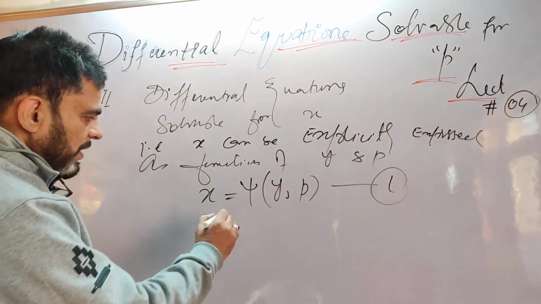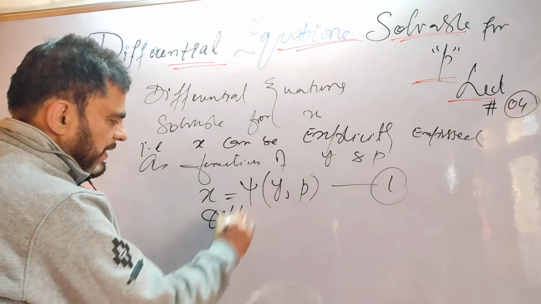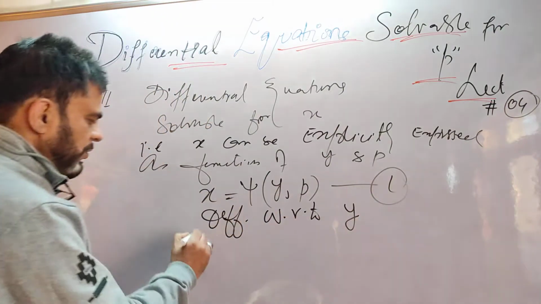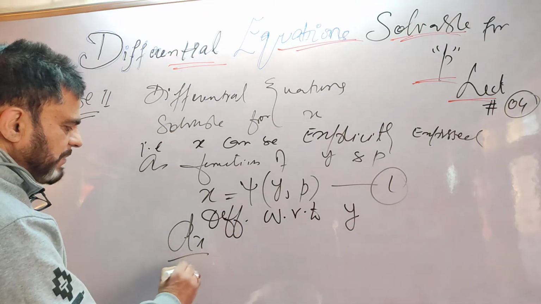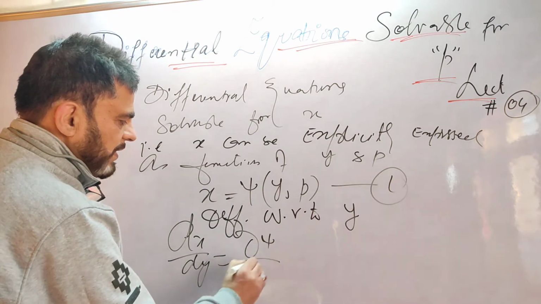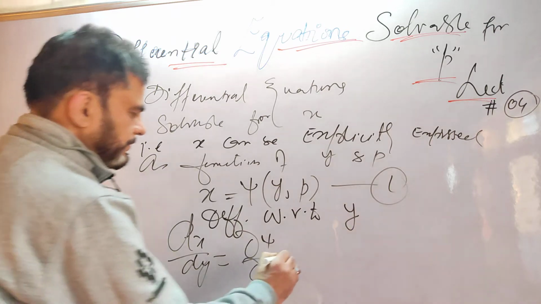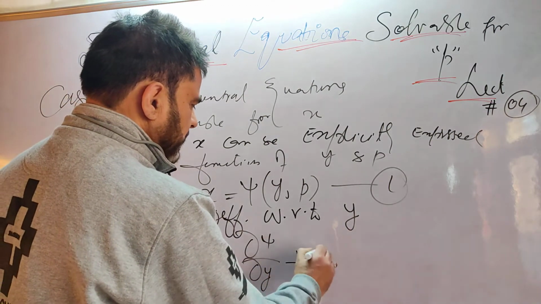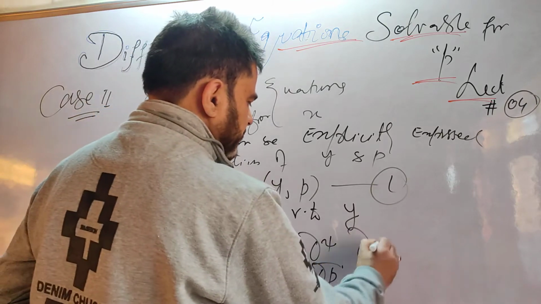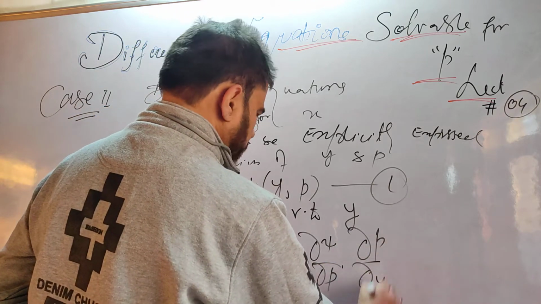The procedure is we differentiate this. Let us differentiate with respect to y. You get dx by dy is equal to partial of psi with respect to y, plus partial of psi with respect to p into dou p by dou y.